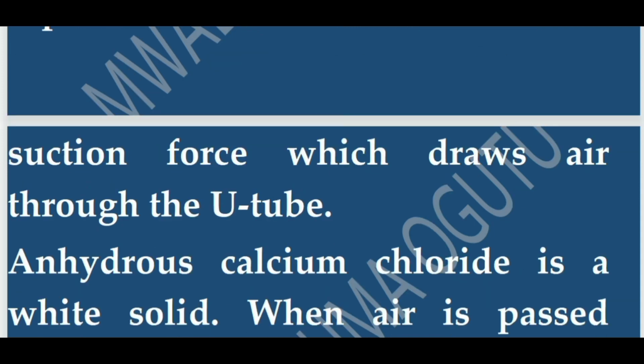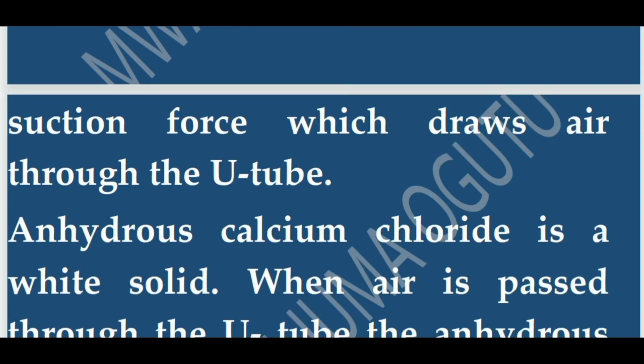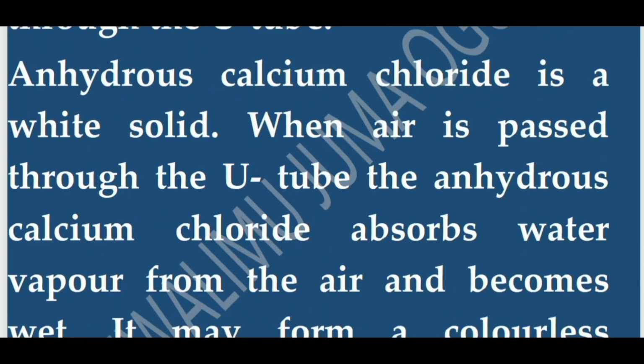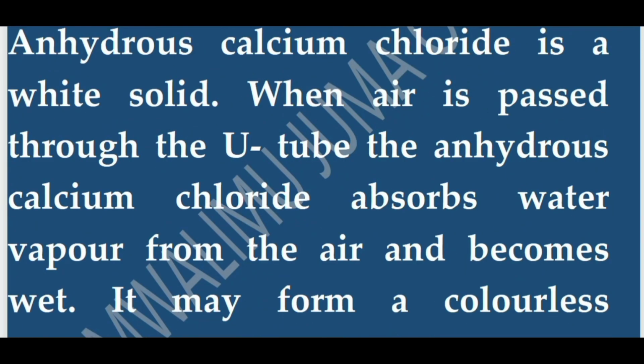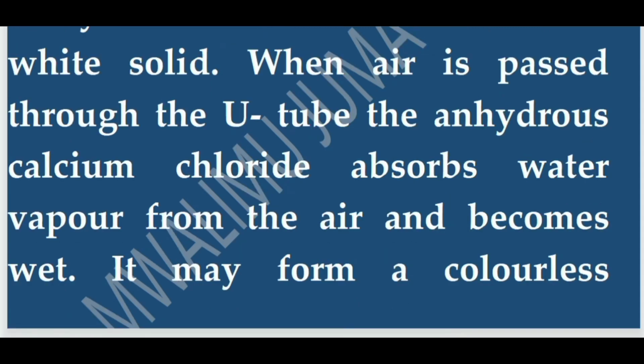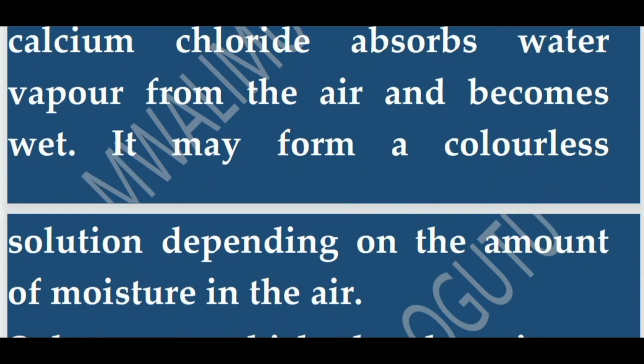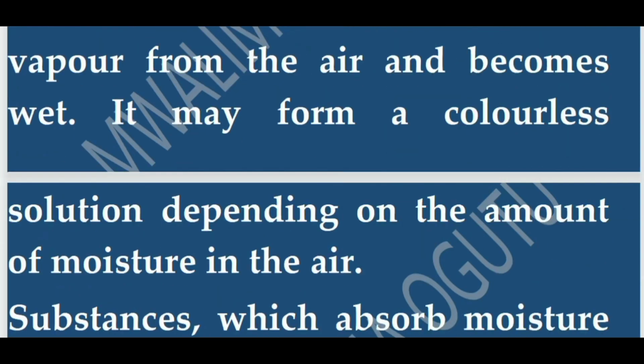So anhydrous calcium chloride is a white solid. When air is passed through the U-tube, the anhydrous calcium chloride absorbs water vapor from the air and becomes wet. So it may form a colorless solution depending on the amount of moisture in the air.